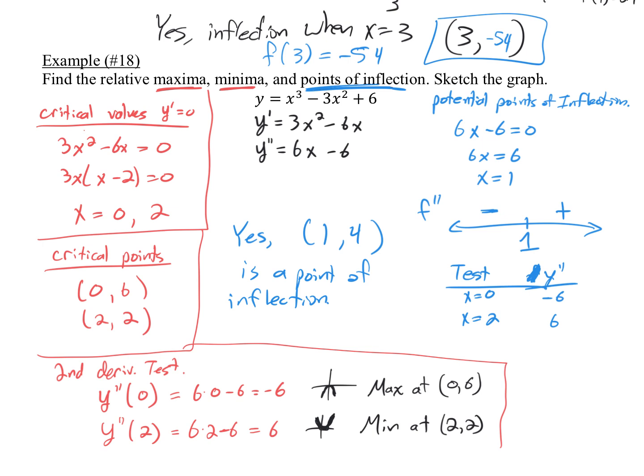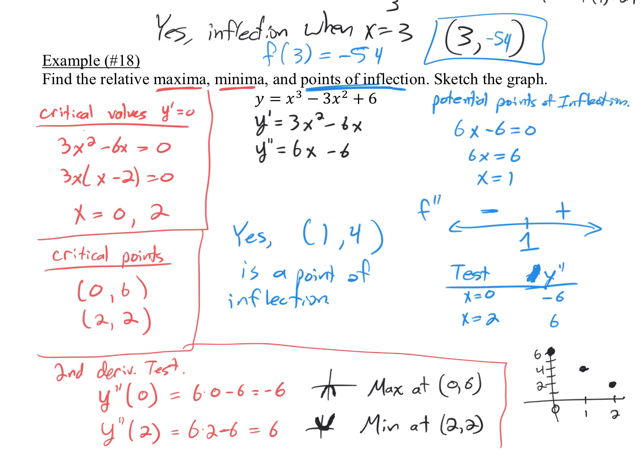Last thing we would have to do is sketch a graph of it. Okay, so let's list the points. The x values go up to 2, the y values start at 0, go 1, 2, 3, 4, 5, 6. So we have a point at (0, 6), a point at (1, 4), and a point at (2, 2). We know what these are.